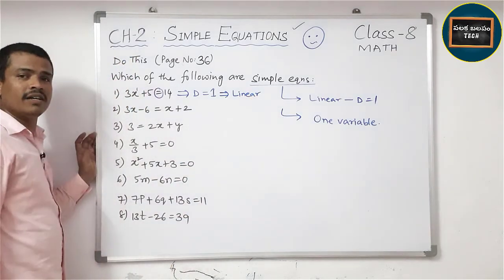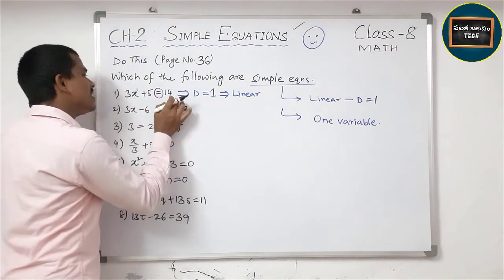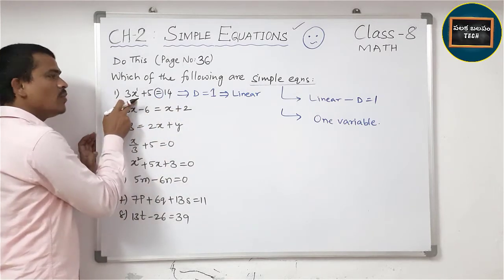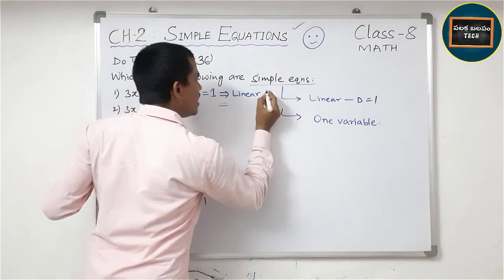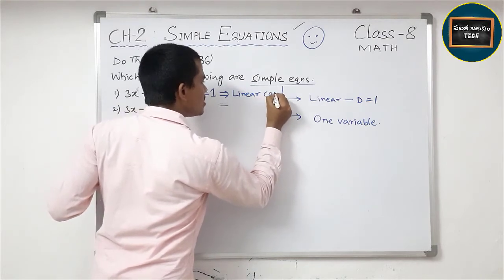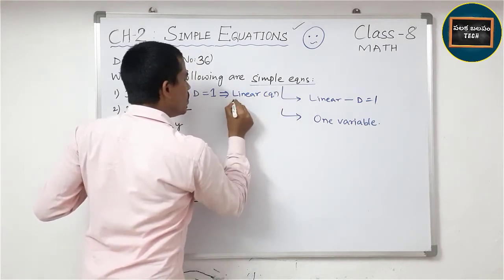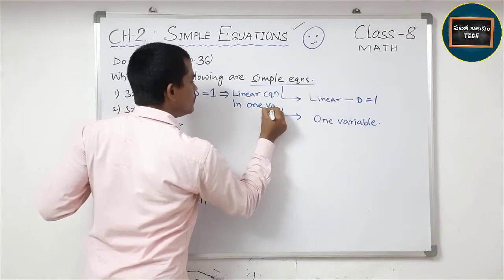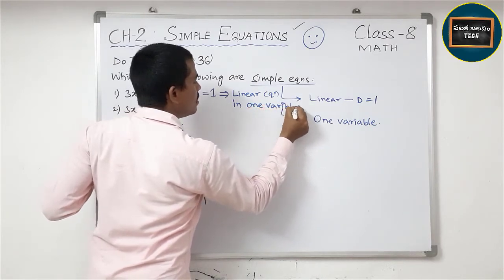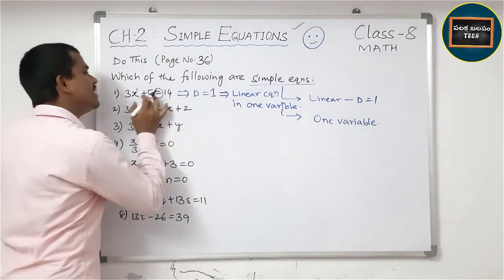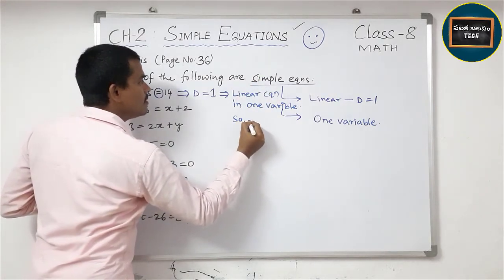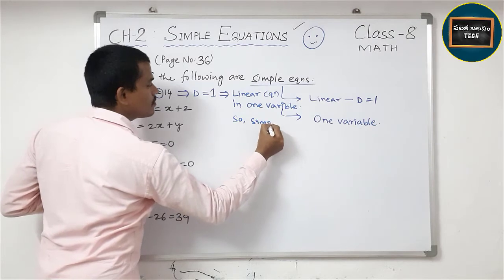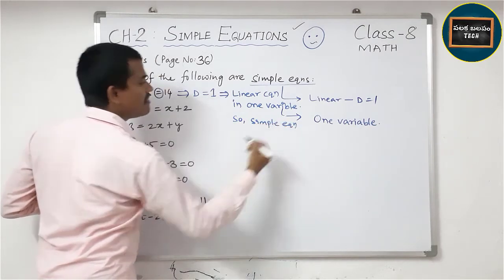Now, how many variables are there in this linear equation? Only one variable. So it is a linear equation in one variable, so that we can call it a simple equation. Understand?